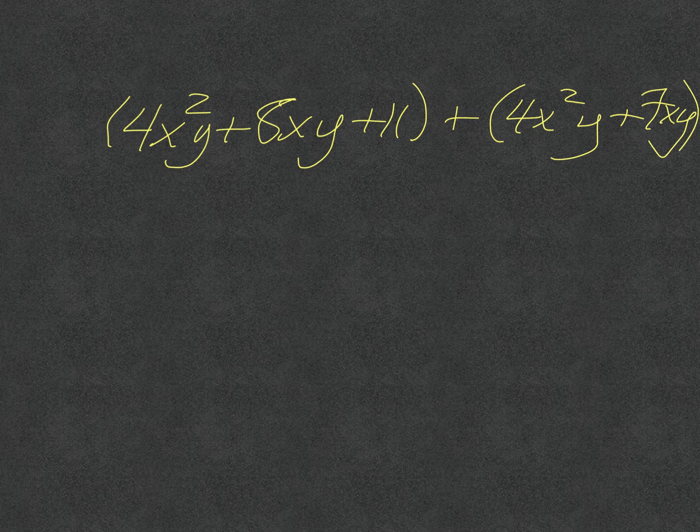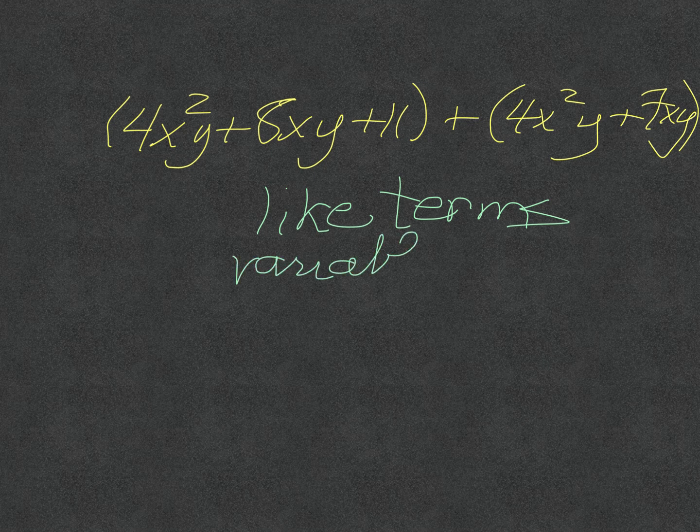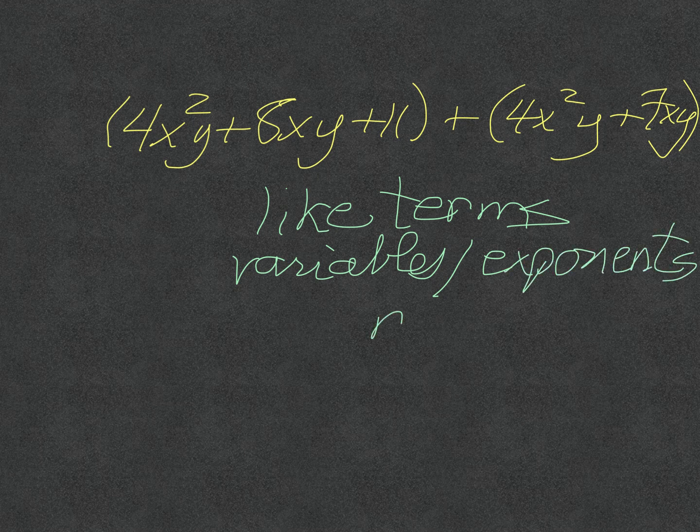So what we're looking for again are what we call like terms, all right? And how is a like term defined? A like term is a term where the variables and the exponents on those variables match. Okay?